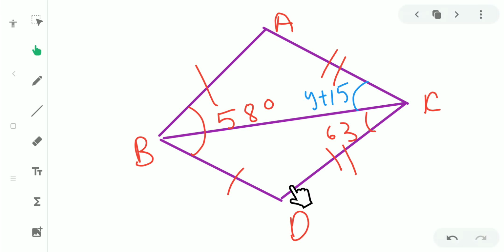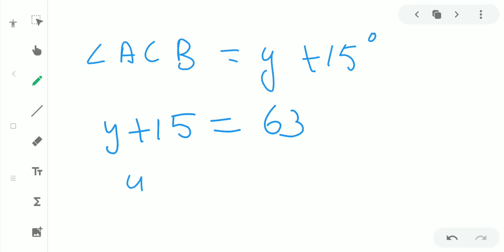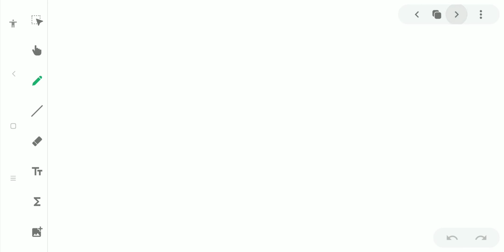And when we place one triangle over the other, we will have y plus 15 equal to 63 degree. So y is equal to 63 minus 15, which is equal to 48. So y is equal to 48 degree. So first we got the value of y.